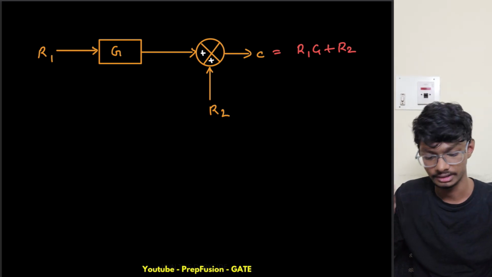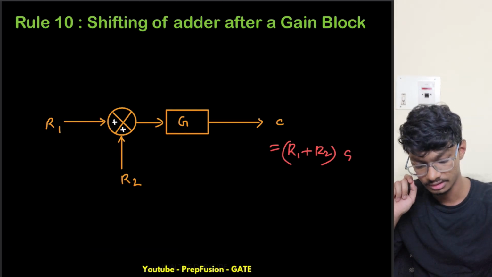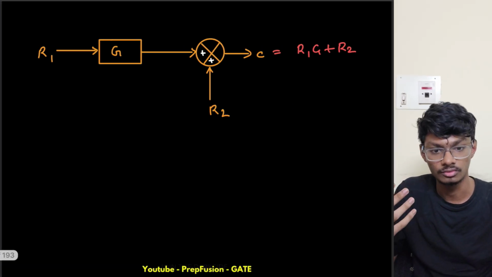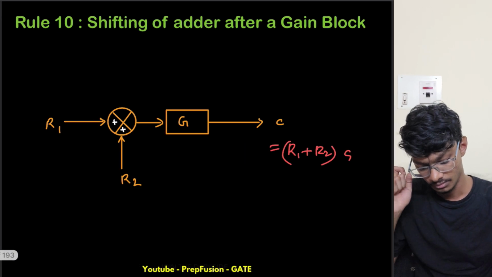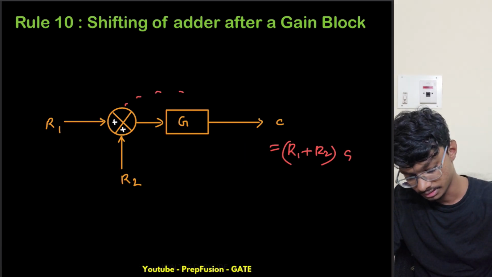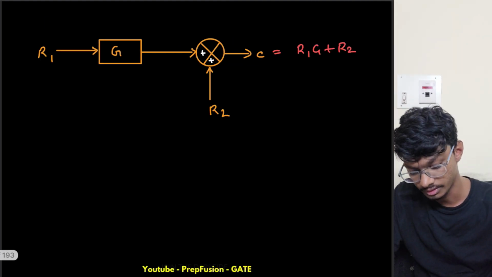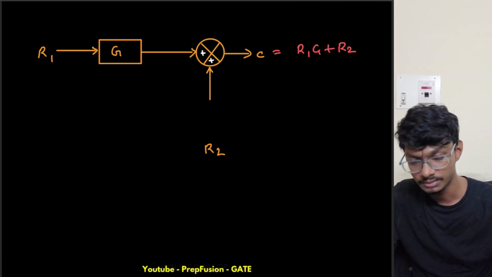But what do I need? I need extra gain in the coefficient of R2, that is R2 times G. So again, think: I will simply add a gain block here. What will be the magnitude of the gain block?